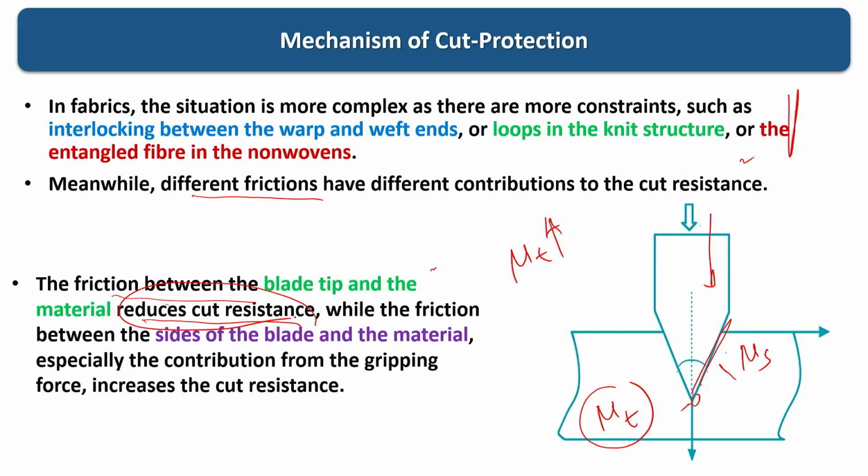But on the other hand, if mu s is high, that will restrict the penetration. So, the side of the blade and the material contributes the gripping force and increases the cut resistance. If it is high at this, then cut resistance will be improved.